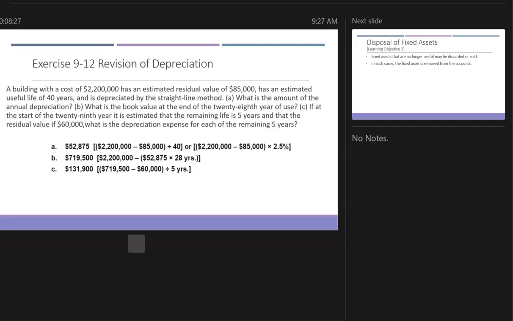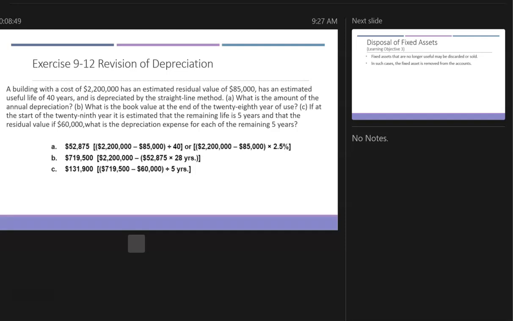What is the book value at the end of year 28, the 28th year of use? Wouldn't we take the $2,200,000 minus 28 years of depreciation to come up with the $719,500 residual or book value?